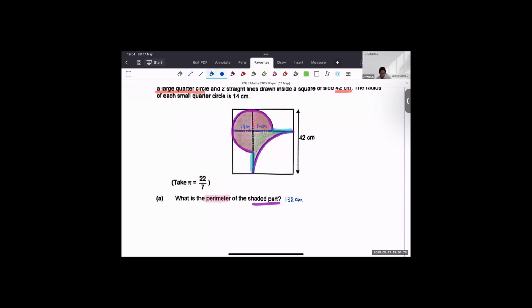So I'm going to do it part by part. Let's find the perimeter of the 3/4 circle. So 3/4 times the circumference, where the diameter is 14 plus 14, which is 28 centimeters.